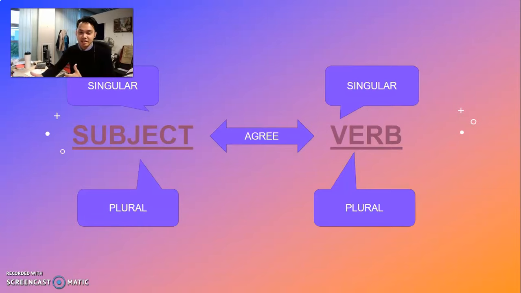Okay? Singular tak ada s, subject tidak ada s, verb mesti ada s. So dia terbalik. However, if the subject is plural, ada s, the verb must also be plural, tetapi tidak ada s. Alright, now let me show you an example.